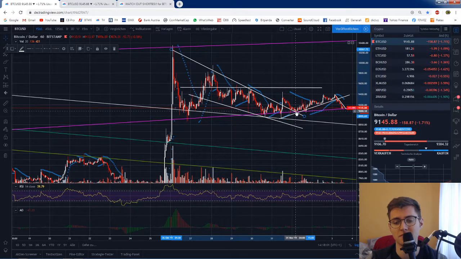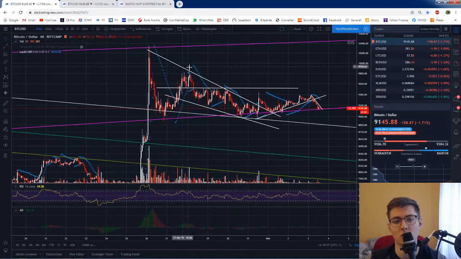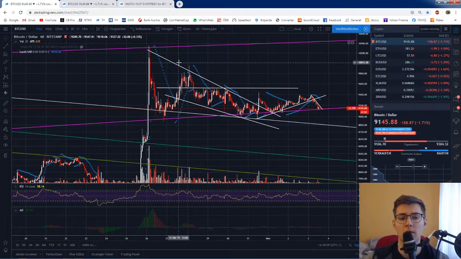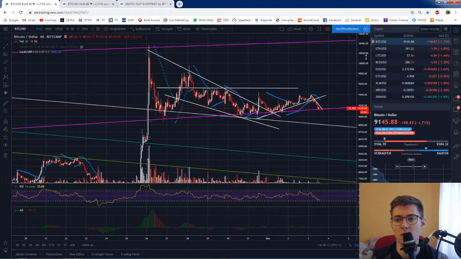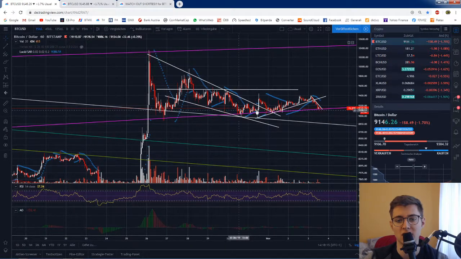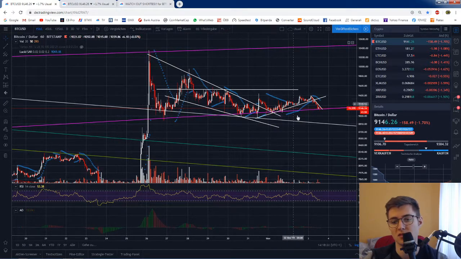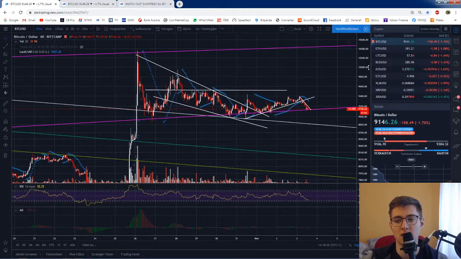Maybe you could say it retested it. Yet what I said would most likely happen if a retest plays out is that we will retest this trend line and then slowly come back up or fade away and see another dump.